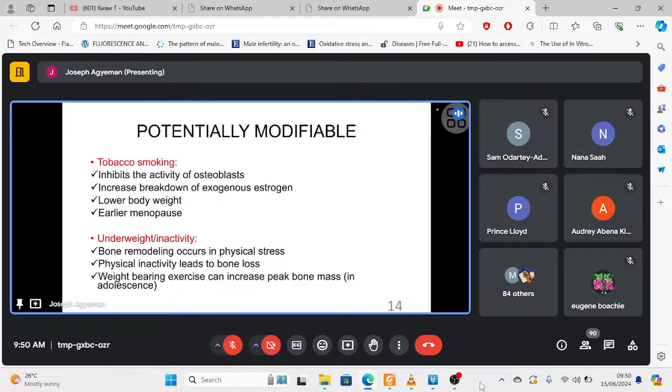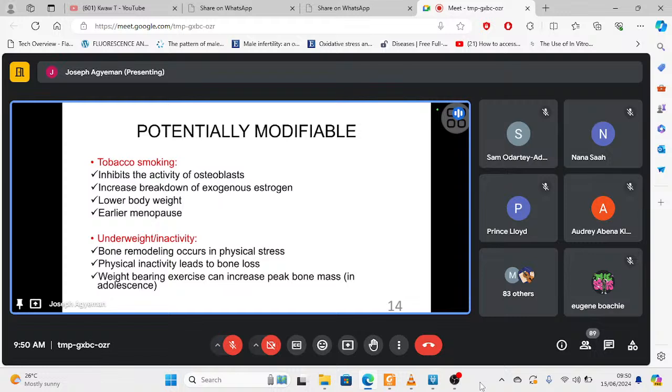Those who have a sedentary lifestyle or are underweight, sedentary lifestyle in particular, if you have made this observation, when you get any fracture and they put you in POP, with that limited movement or limited activity, you realize that by the time they take off the POP, that leg will appear smaller than the other leg, because bone formation normally occurs with physical activity.